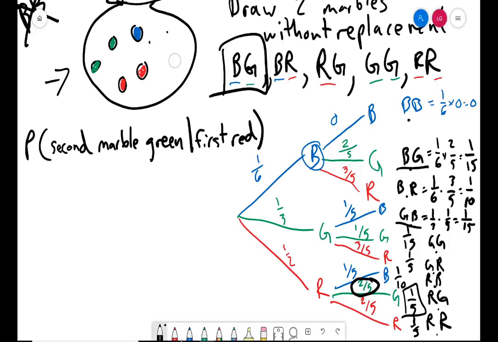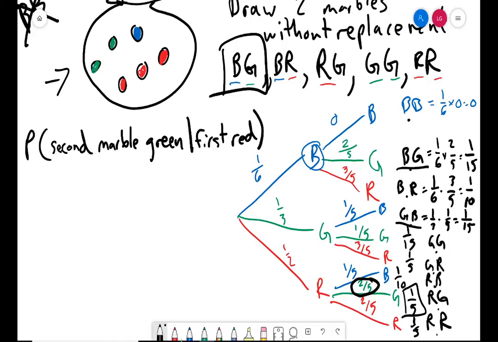Well, let me reset here for a second. Now there are formulas. This is called conditional probability, meaning you're calculating the probability of some event conditioned on knowledge of something else. So probability that the second marble is green conditioned on that you know the first one was red.